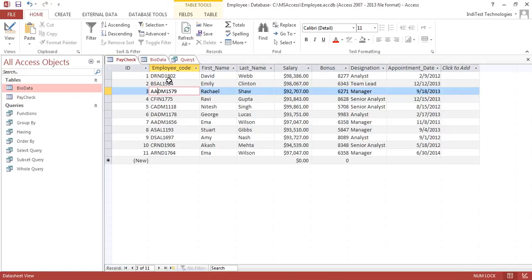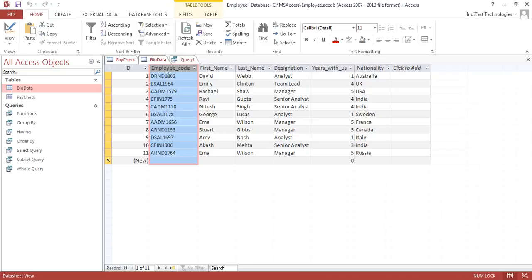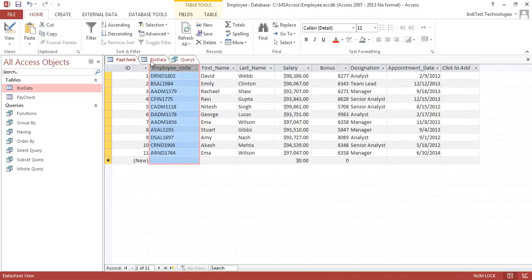So let's see what kind of employee codes we have in these two tables. This is the employee code variable over here, and this is again the employee code variable in the biodata one. Although most of them are quite similar, there are some dissimilarities also.